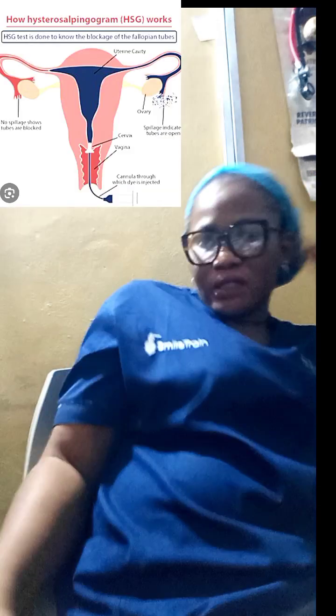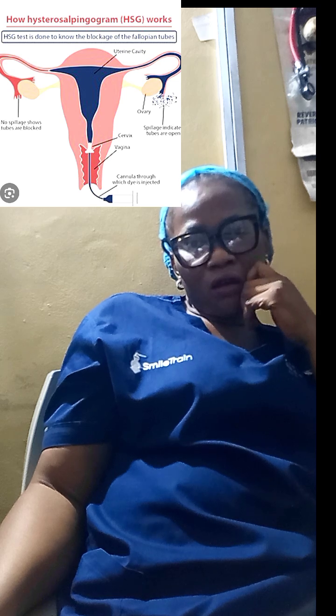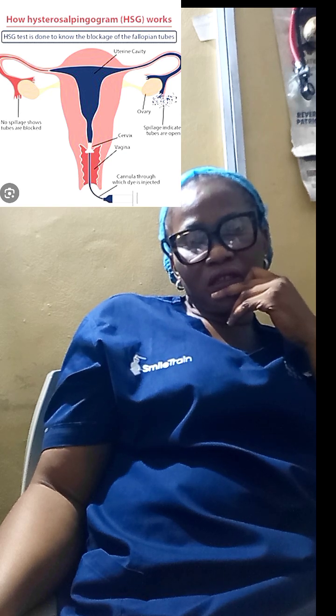Want to do a video concerning this very procedure that is often carried out on ladies that are looking for the fruit of the womb: hysterosalpingography. And what is this hysterosalpingography all about?